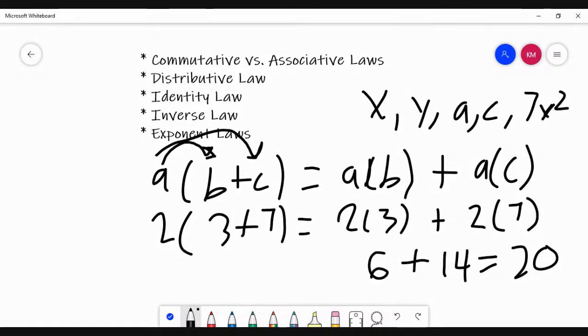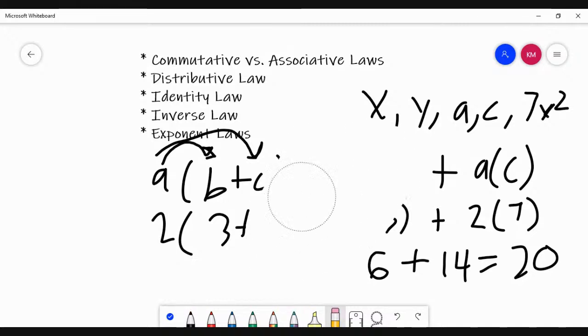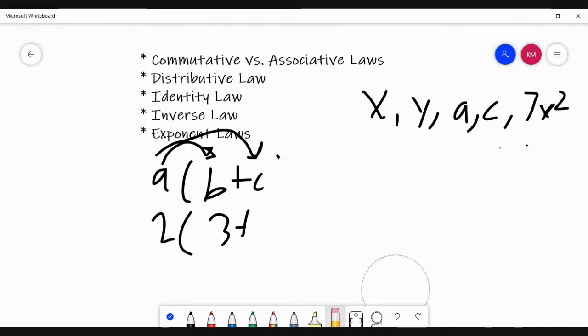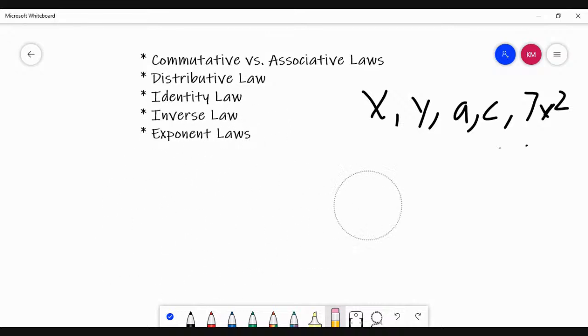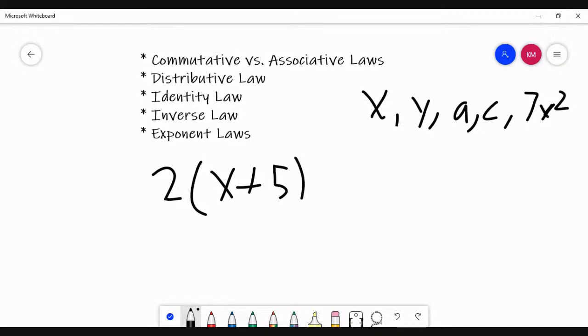So, say for instance, erase this right quick. For those who are getting ready to take algebra or are going through pre-algebra, algebra 1, algebra 2, pre-calculus, you will see this a lot with distributive property.